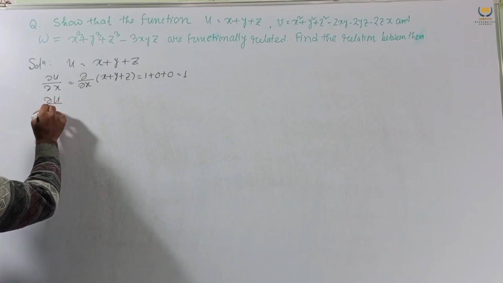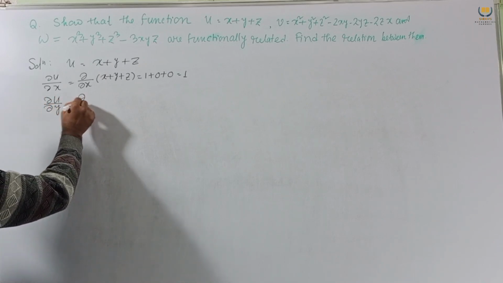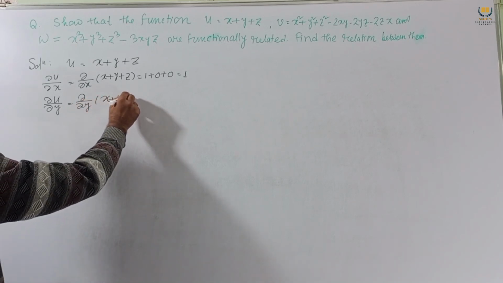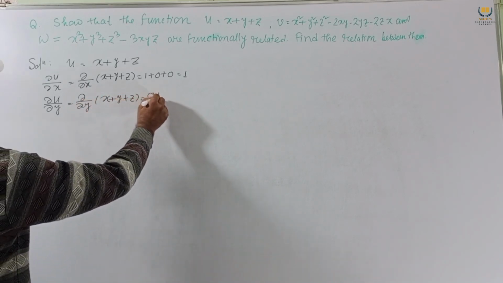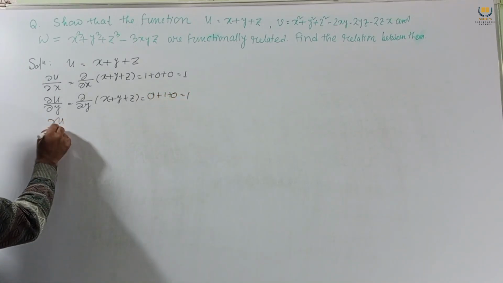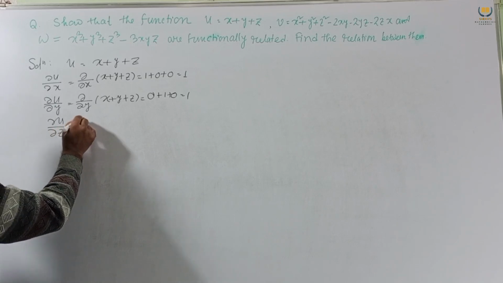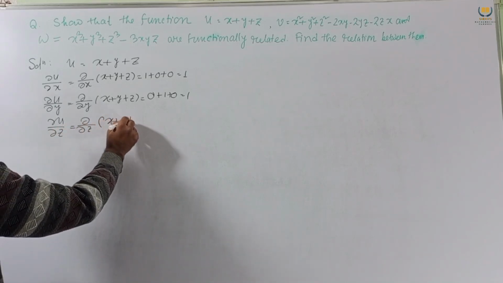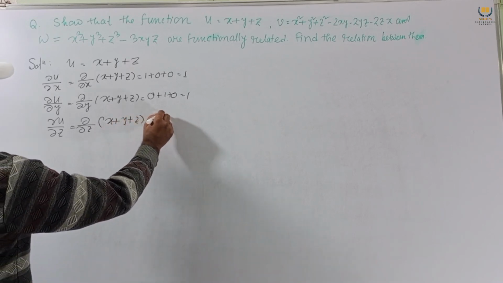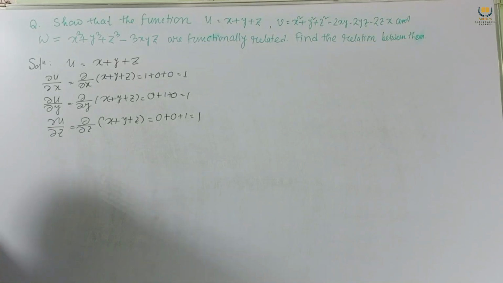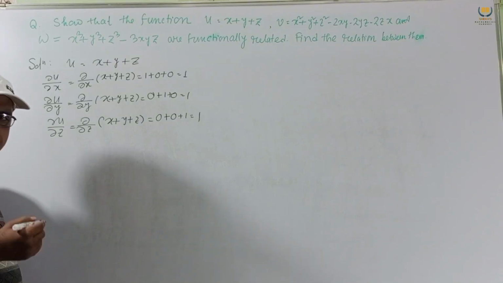Del u del y is 0 plus 1 plus 0, this is 1. Del u del z is 0 plus 0 plus 1, this is 1. So we get del u del x, del u del y, del u del z.